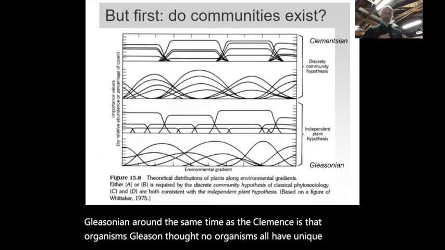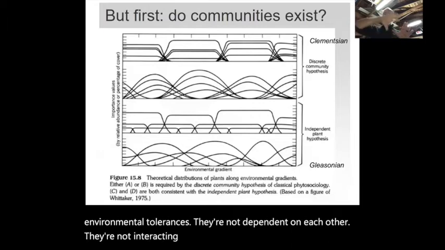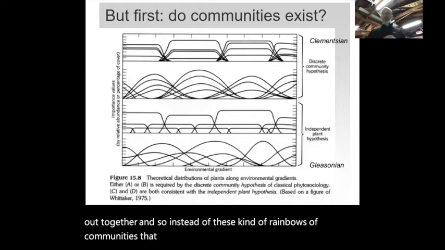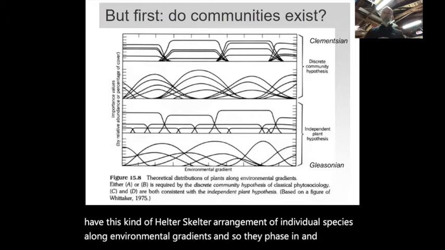They're not dependent on each other. They're not interacting such that they would phase in and phase out together. And so instead of these kind of rainbows of communities that phase in and phase out all at once, instead you have this kind of helter-skelter arrangement of individual species along environmental gradients. And so they phase in and phase out on their own terms.